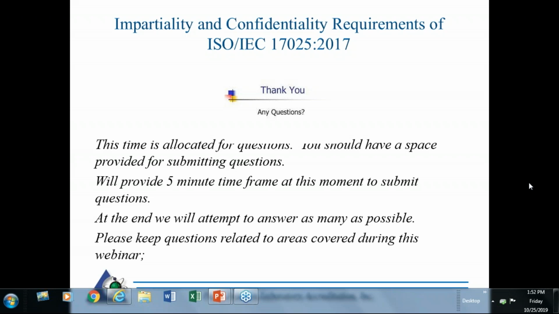Not really sure what this looks like. The last question here: how can you demonstrate impartiality outside of the operating facility? Not really sure what's being asked there.